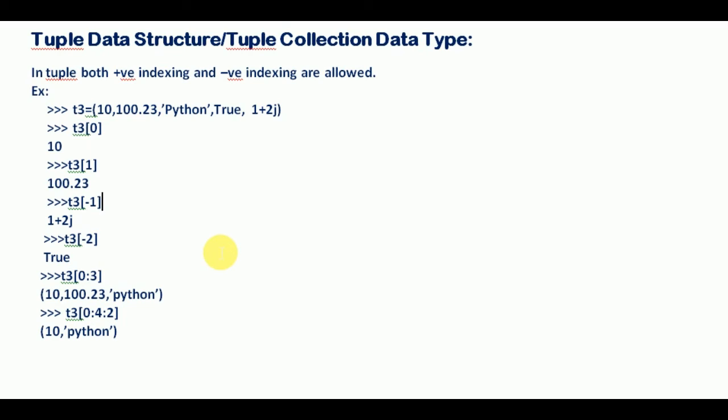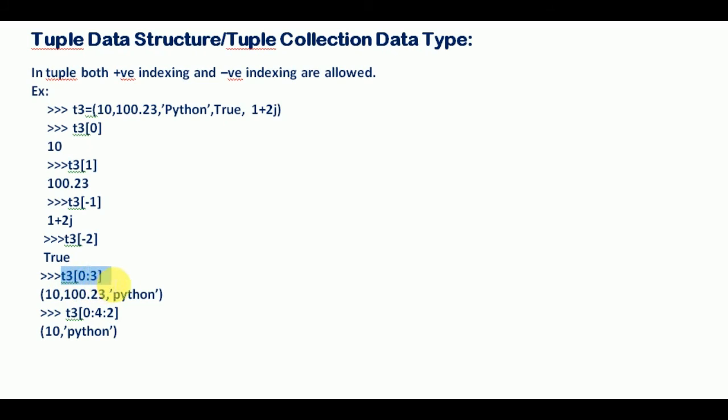So -1 is the starting number of negative indexing. Here we have negative index numbers, and here we have positive index numbers.